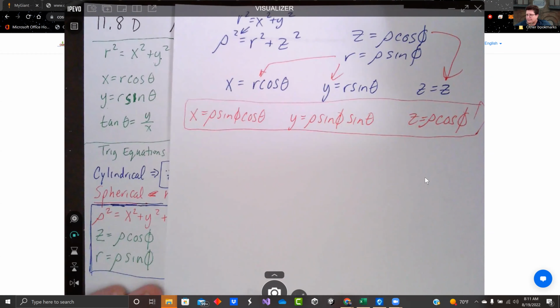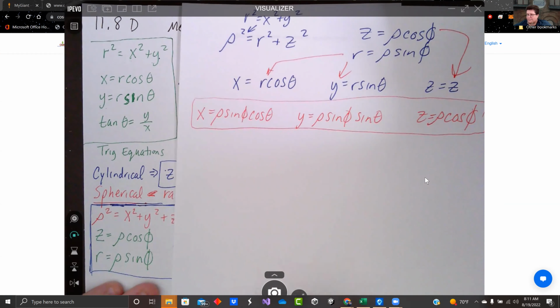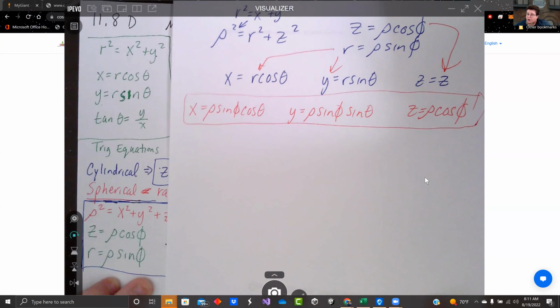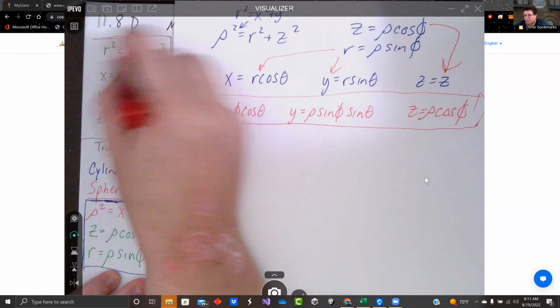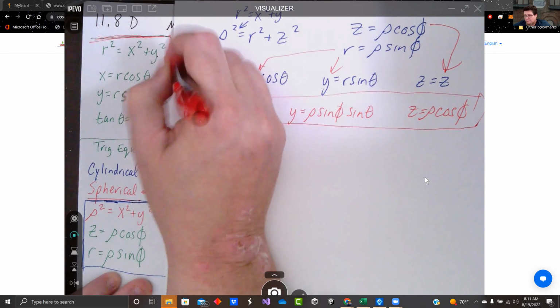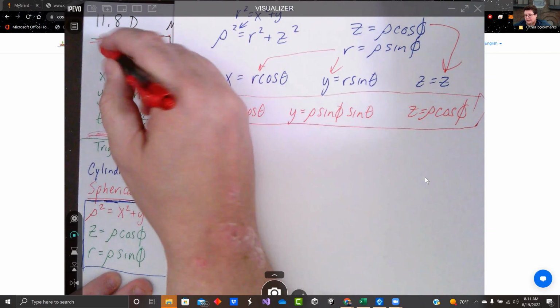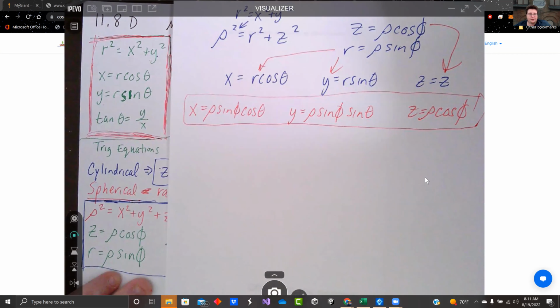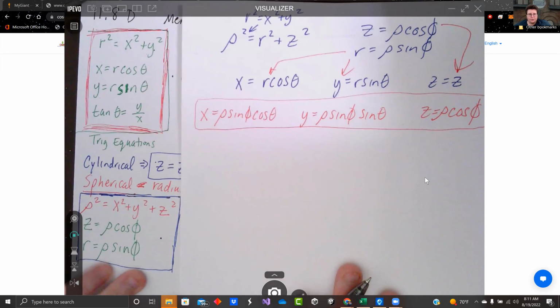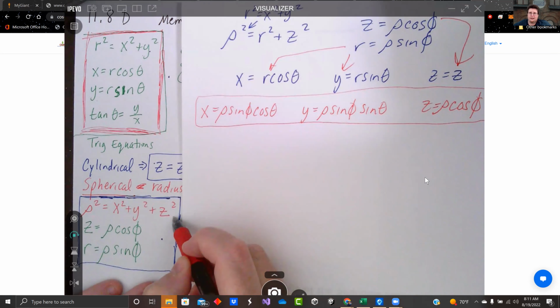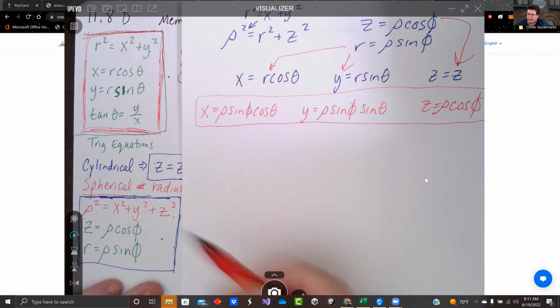So memorize these 7. And I'm not even going to bother saying z equals z because that's dumb. That makes sense. So these 4 you already should know. And if you don't, you might want to refresh your trig a little bit because that's the basis of trigonometry. And then our new additions for spherical: an upgraded Pythagorean formula for 3 dimensions.